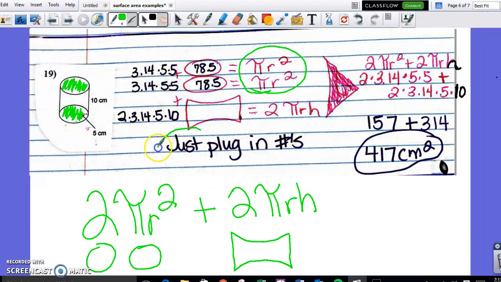So then from there, you just plug in the numbers. Okay, radius is 5. 2 times 3.14 times 5 times 5. All right, that is 157. 2 times 3.14 times 5 times the height, which is 10. Plug those in, and that's basically all you do.